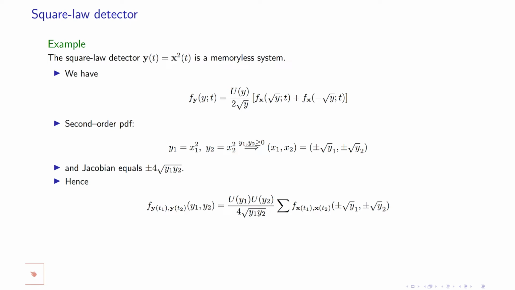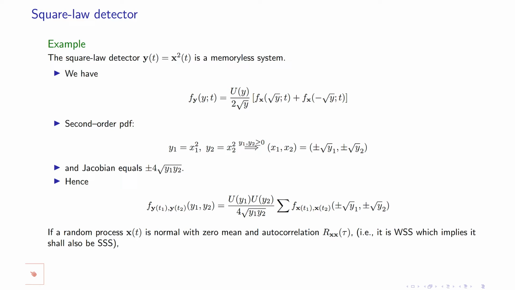In this case, you can write the joint distribution of the outputs, the two samples of the output. Now, for instance, if you want to calculate the correlation of y at times t1 and t2, then you need to calculate the integral of this distribution times y1, y2. So if a random process x of t is normal with zero mean and a correlation function Rx, therefore it is wide sense stationary, and it is also strictly sense stationary.